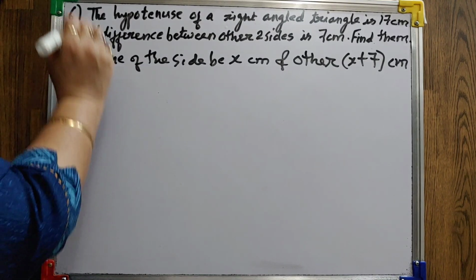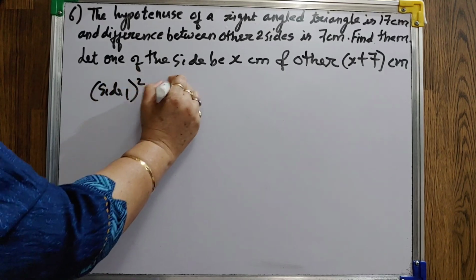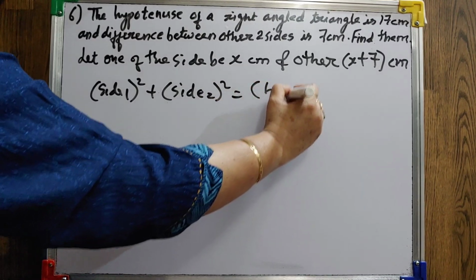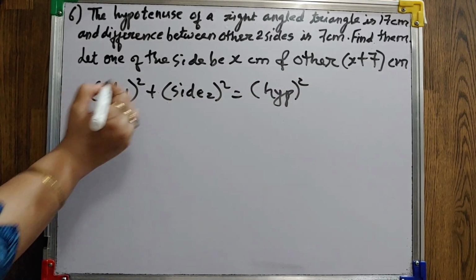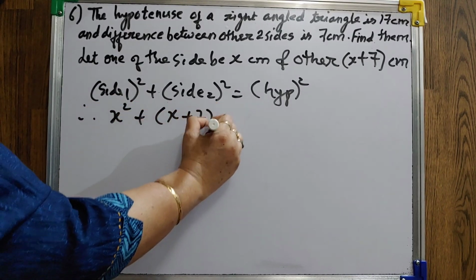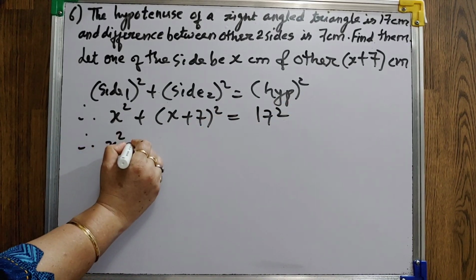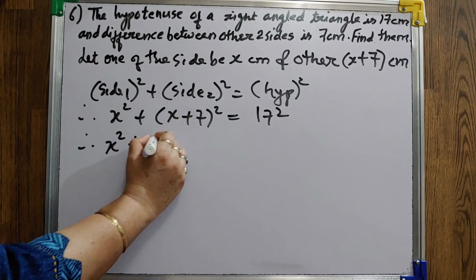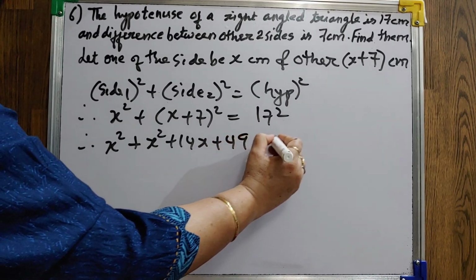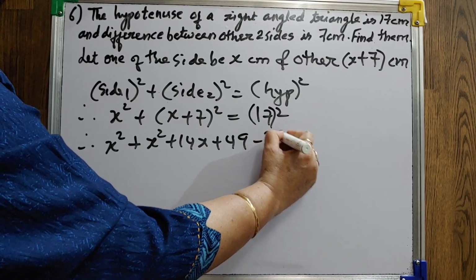Now, you know hypotenuse is 17 centimeter. So, according to Pythagoras theorem, side 1 square plus side 2 square will be equals to hypotenuse square. Now, one of the side is x. So, x square plus x plus 7 the whole square will be 17 square. x square plus the whole square of this will be x square plus 14x plus 49, and 17 square is 289.